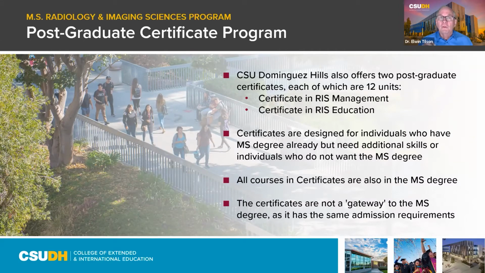The certificate programs are designed for individuals who either already have a master's degree but need an additional skill set, or somebody who, for whatever reason, is not ready to do a master's or doesn't want to do a master's, but wants the additional skill set. And so it takes 1 year part-time to complete the certificate program.